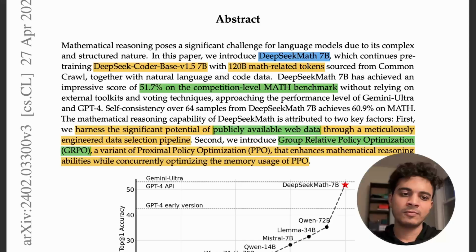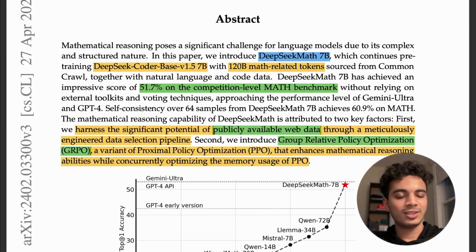It significantly outperforms other open source models, approaching the performance of GPT-4. The key success of this paper is that it provides a large scale, high quality pre-training corpus and a novel reinforcement learning method called GRPO, which I'll be talking about in really good depth in this one. So let's get to the paper now.